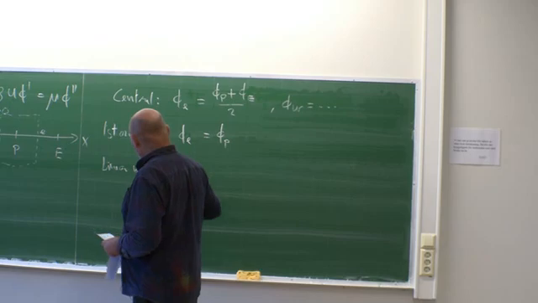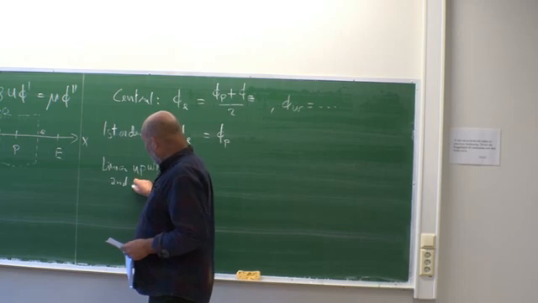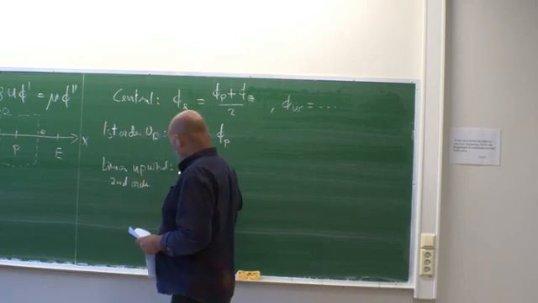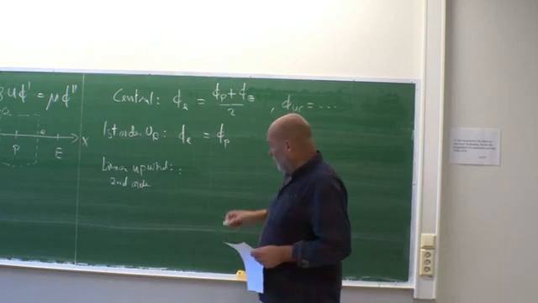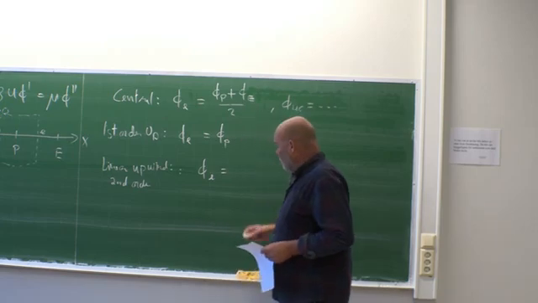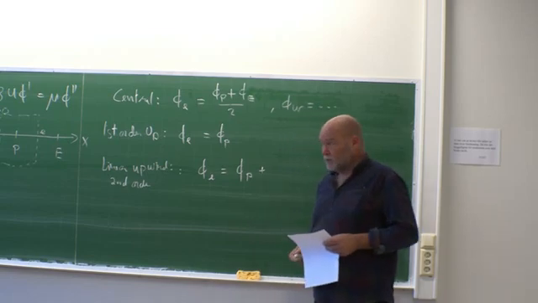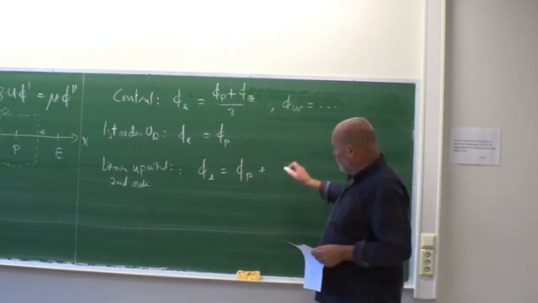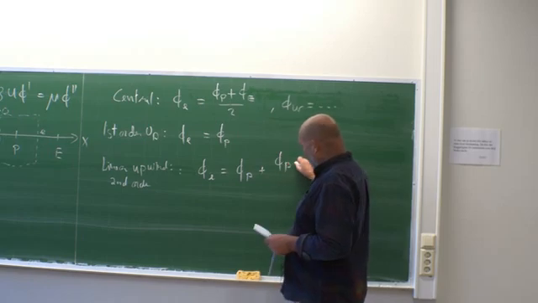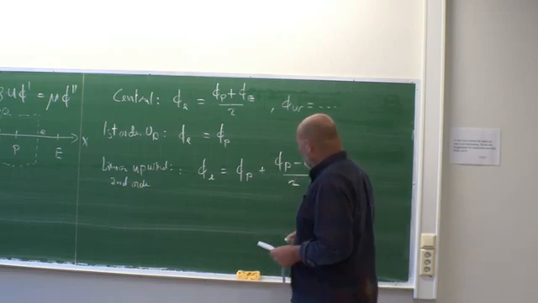Upwind. This is actually second order accurate. So here we do it a little bit more advanced. This one will now read the center point, plus the difference between the center point and the western point divided by 2.